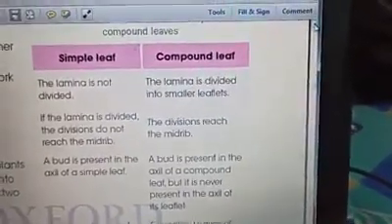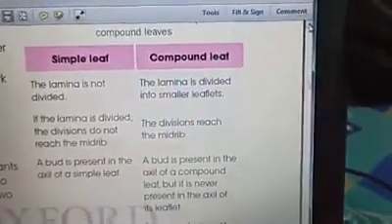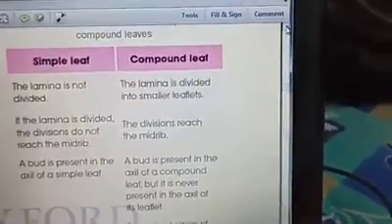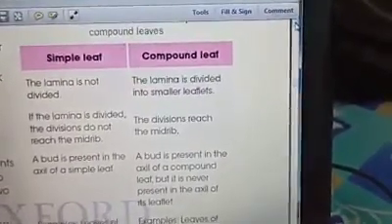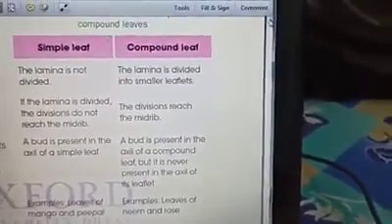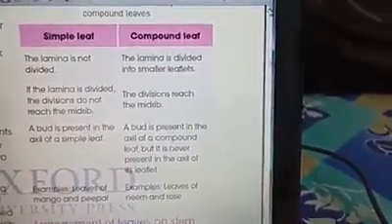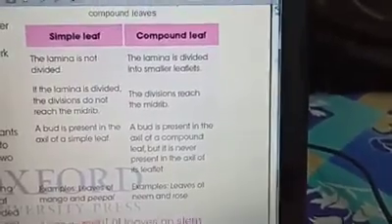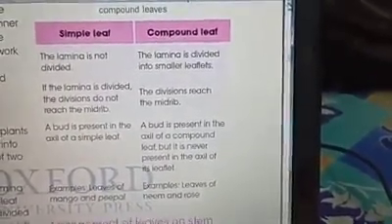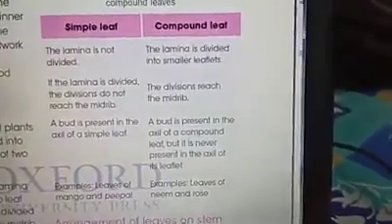The second point is, in a simple leaf, if the lamina is divided, the divisions don't reach the midrib, as you see in grape leaves. And in a compound leaf, the division reaches the midrib, which forms the leaflets. And the third point is, a bud is present in the axil of a simple leaf. But in a compound leaf, a bud is present in the axil of the compound leaf, but it is never present in the axil of a leaflet.